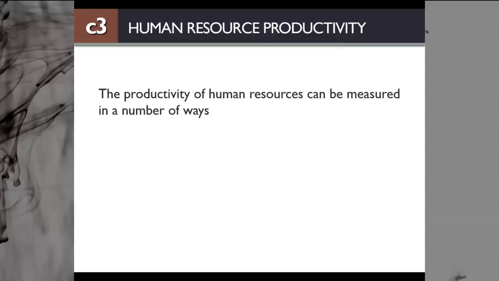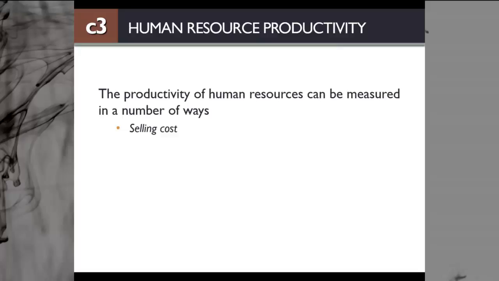The productivity of human resources can be measured in many different ways, and that's really important because you can schedule the right amount of hours for your sales associates, and you can measure how much performance they made and so on. So it's really important to know about human resource productivity.